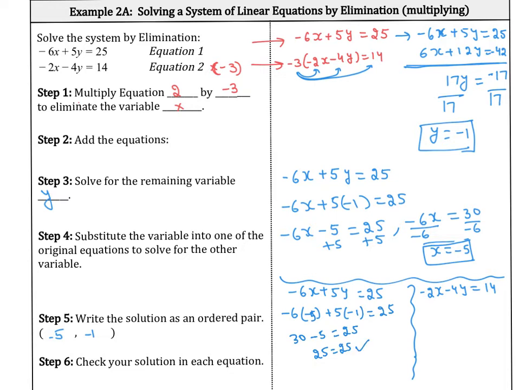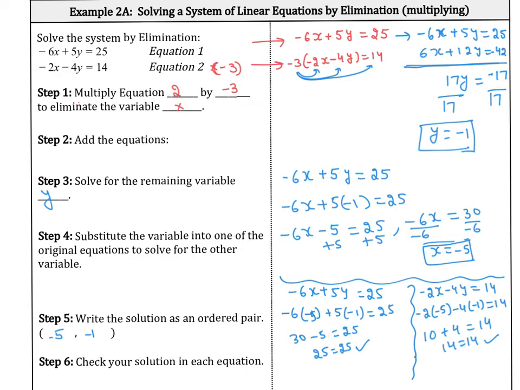For the next one, you again use x as negative 5 and y as negative 1 and see if the two sides are equal. So you get negative 2 times negative 5 as 10 plus 4 equals 14, so 14 equals 14. So our checking part is complete, and you solved the equation for x and y.